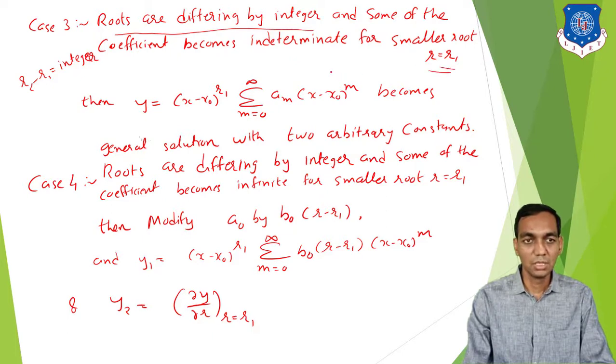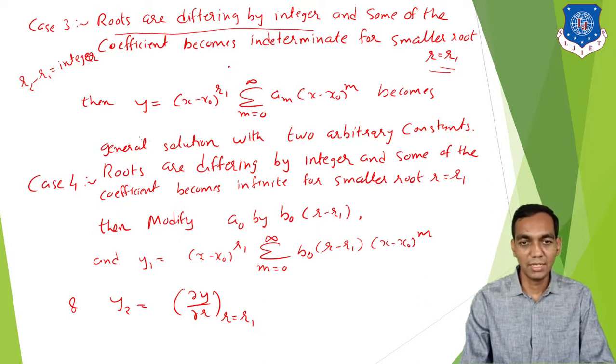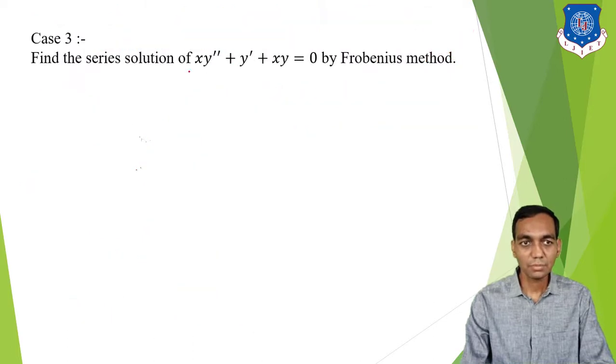That means the smaller value is R1, and if one of the coefficients becomes indeterminate, then you have to put only the smaller root in y, and that will give you directly the general solution which contains two arbitrary constants. Now we are going to check this in an example.